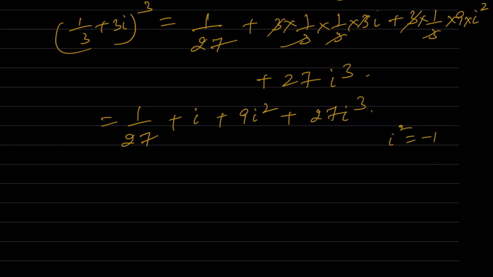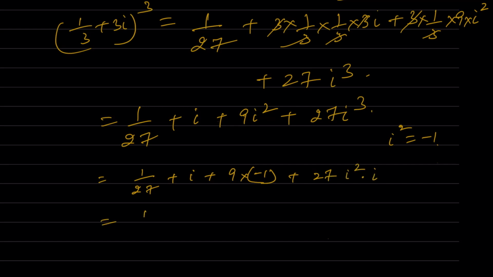Now we know that i square is equal to minus 1. So you can write this as 1/27 plus i plus 9 into minus 1 plus, this can be written as i square into i.